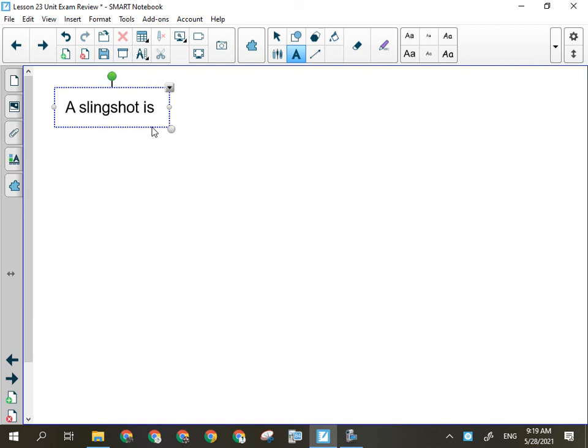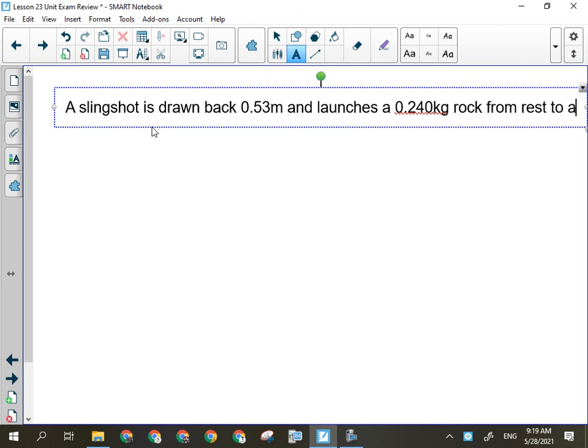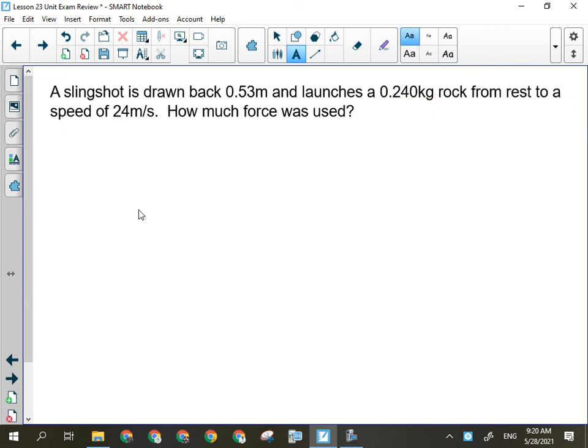Slingshot. Okay, give that one a try. We'll walk through it in a minute. Good work energy theorem example.